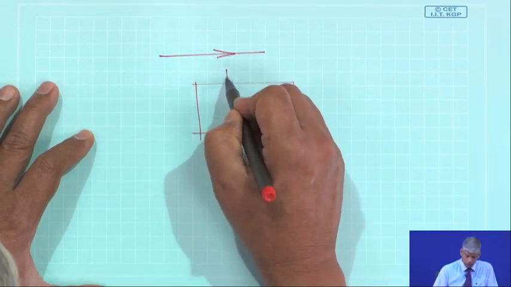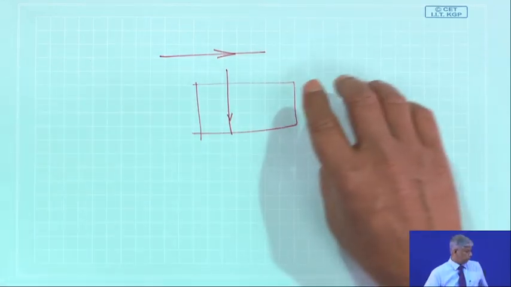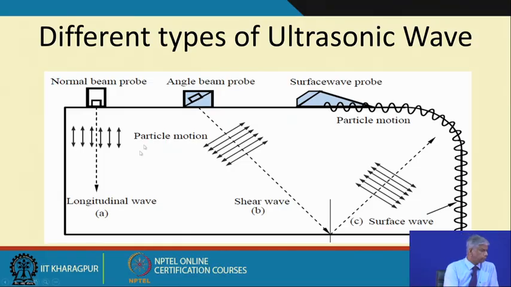So, this wave which I drew as a straight longitudinal wave, depending on the incident wave, I can have different modes of this wave. So, I will explain here different types of ultrasonic waves, and these are piezoelectric crystals, wherein I can have a longitudinal wave. Herein I produce a shear wave.